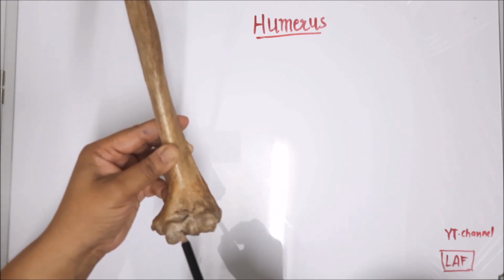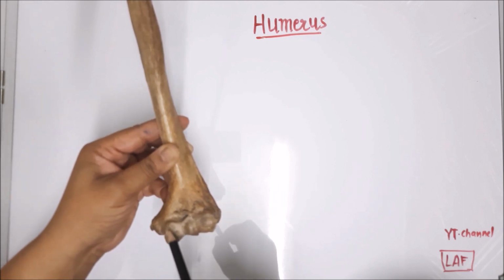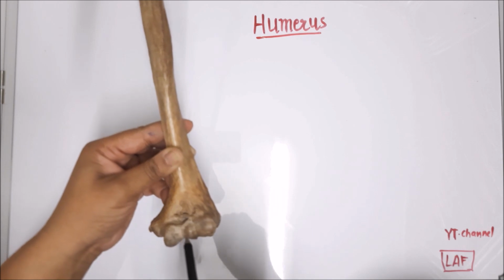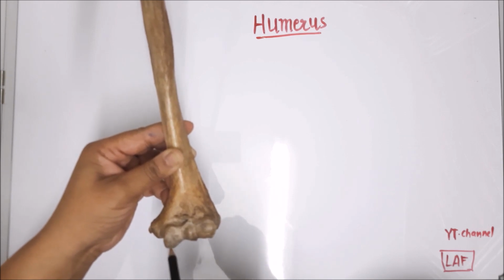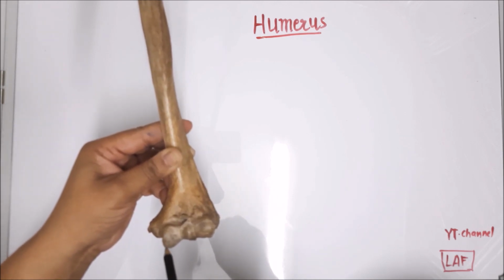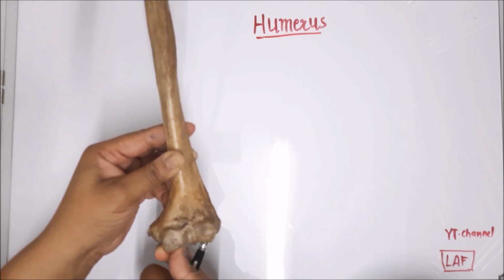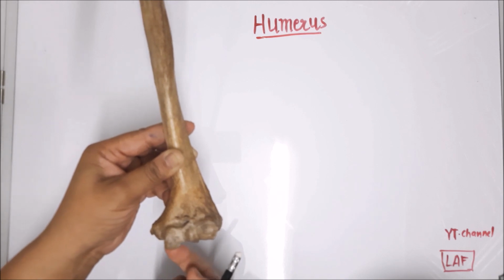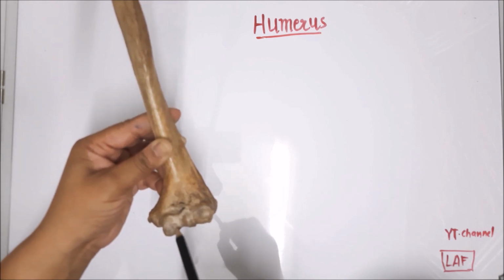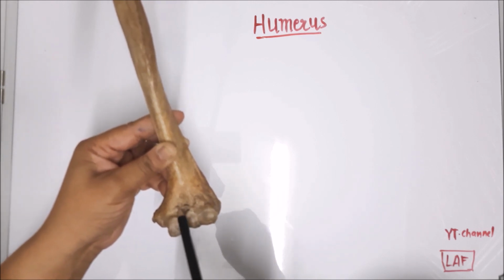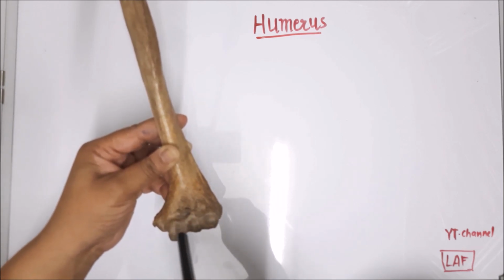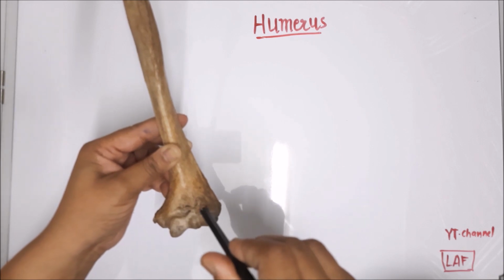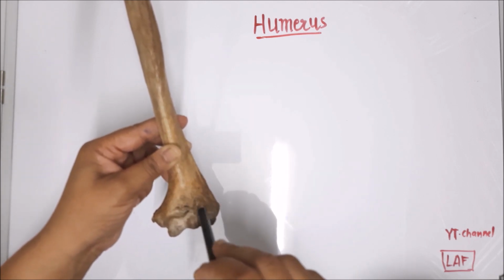The medial flank of the trochlea is around 0.5 centimeter lower than the lateral flank, and because of this the carrying angle is formed. Just above the trochlea there is a fossa known as the coronoid fossa. Just above the capitulum there is a fossa known as the radial fossa.